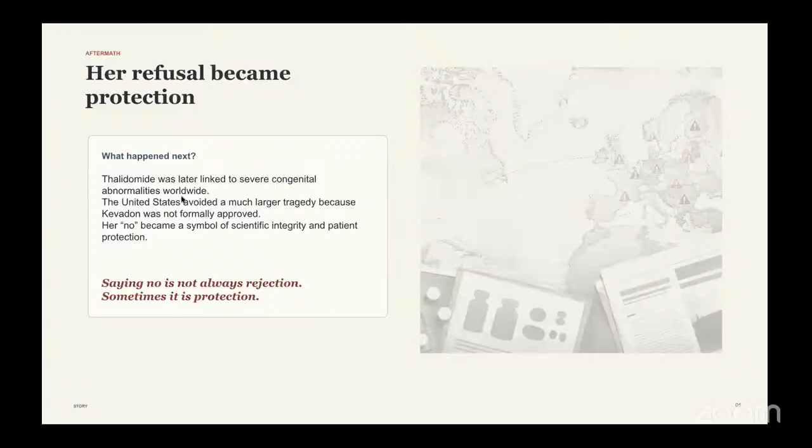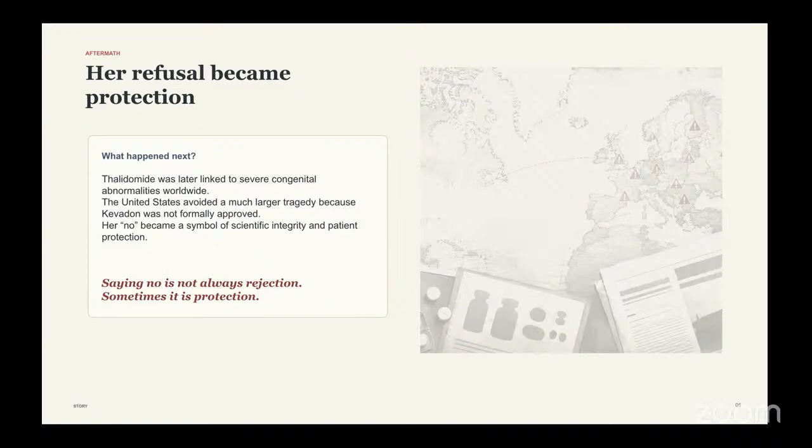Later on, many cases started appearing worldwide of abnormalities caused by thalidomide. Because it wasn't formally approved in the United States, the country avoided a big tragedy. Suddenly, what may have initially looked like stubbornness or unnecessary caution looked very different to everyone.